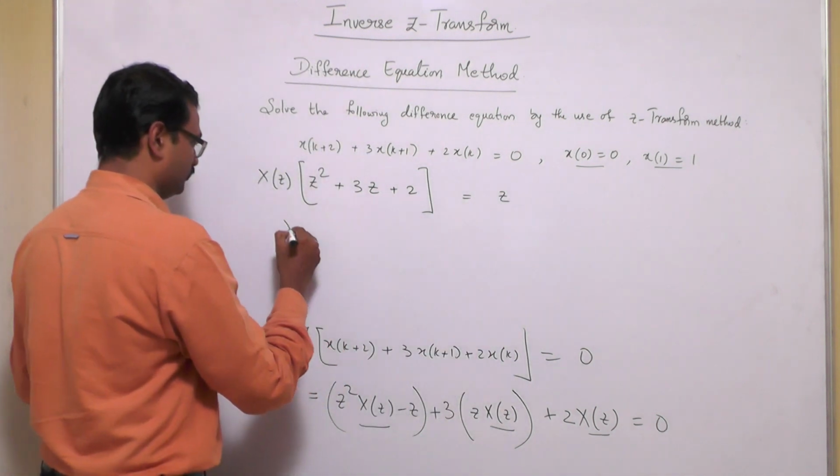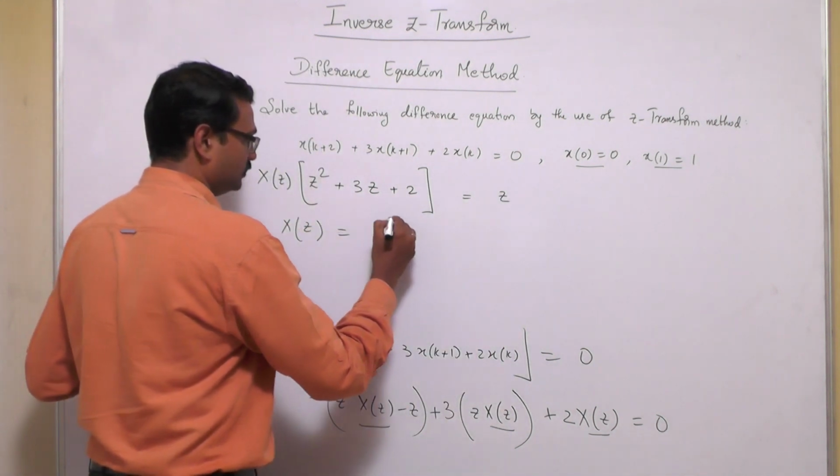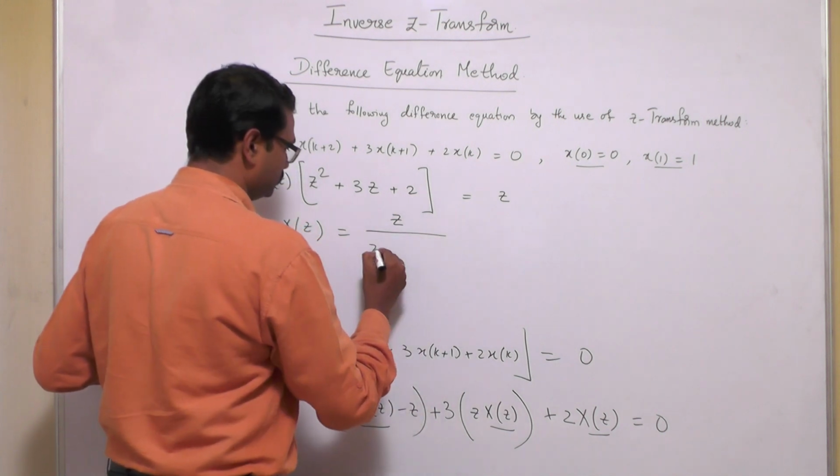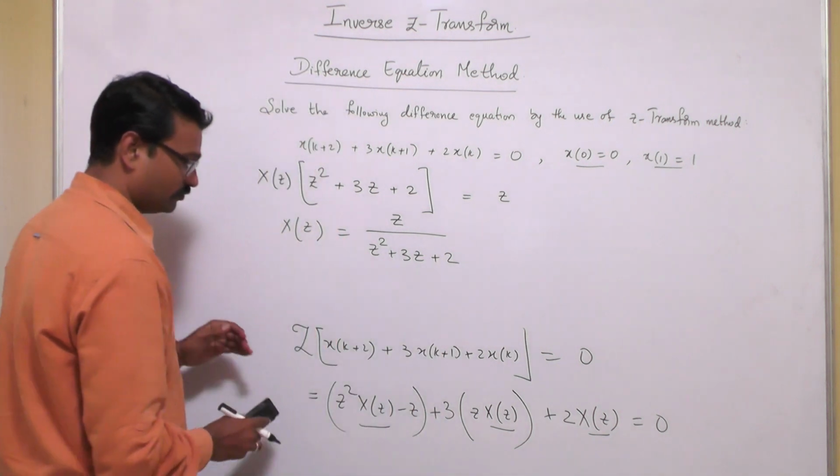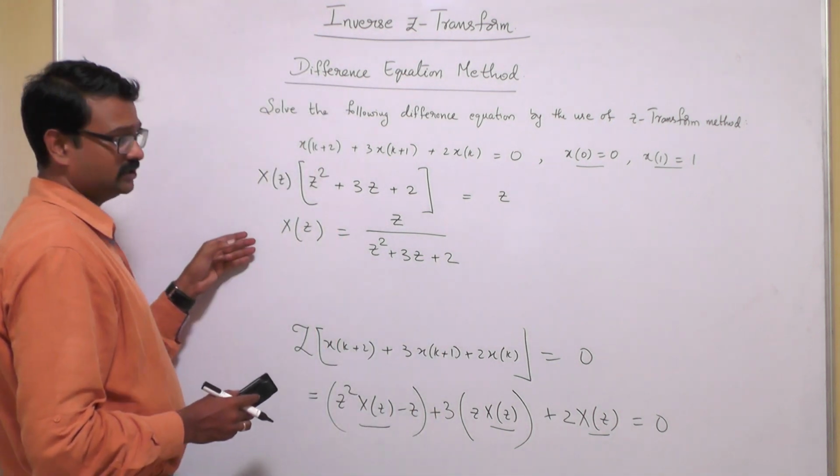Therefore, x of z is equal to z by z square plus 3z plus 2. So from this equation, you find x of z.